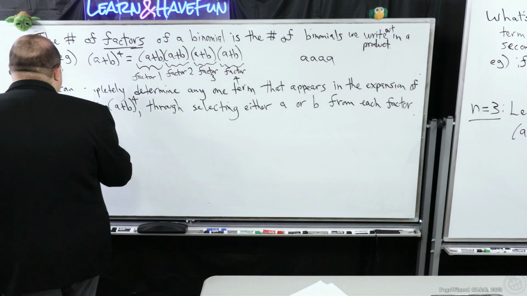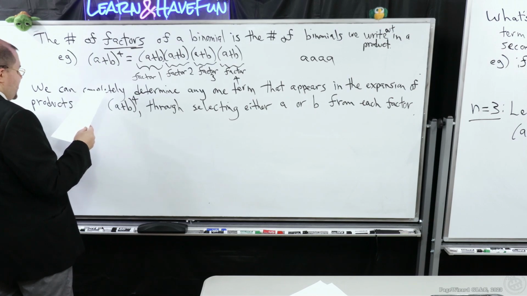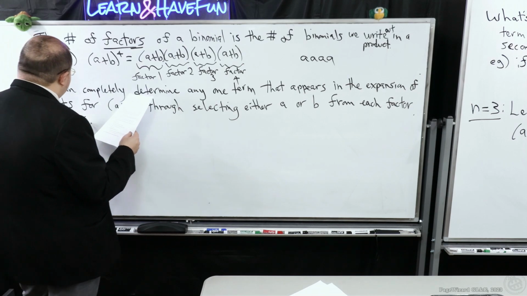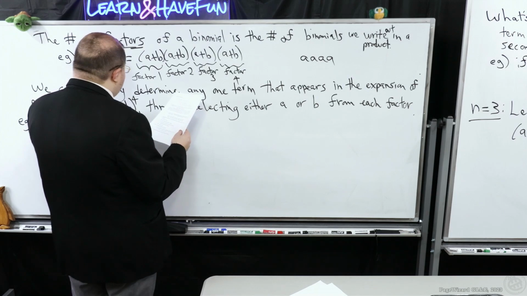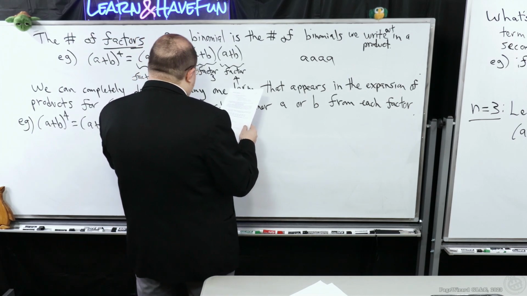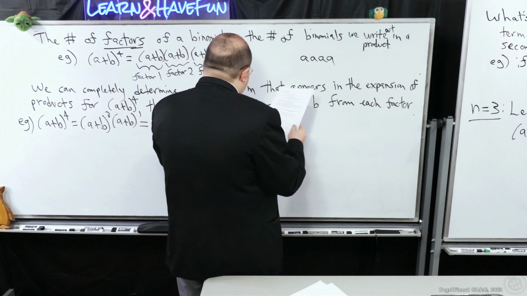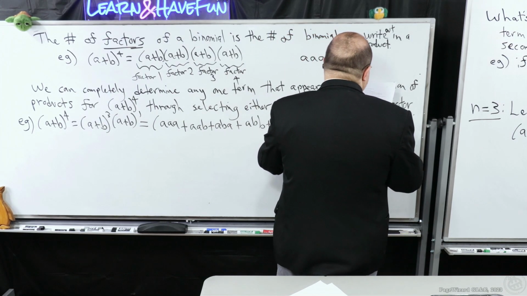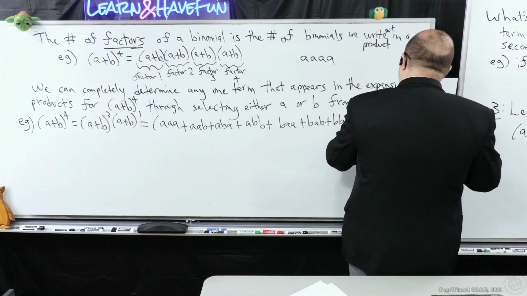So let me just give you an example. If I consider a plus b to the power 4, this is just like I did before, a plus b cubed times a plus b. I already know the answer to this. So this is AAA plus AAB plus ABA plus ABB plus BAA plus BAB plus BBA plus BBB.